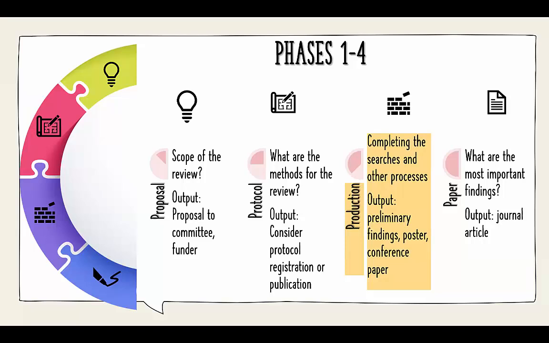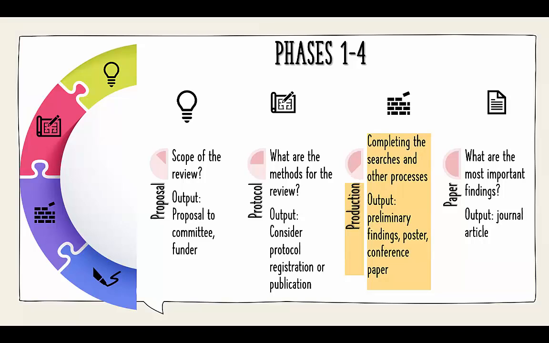And then the next part, our last time, was all about the protocol, and that's where you're answering the question of what are the methods. And a little bit about what we're talking about today. The group you're working with would probably need the first search to be finalized, and that's what we're going to be talking about for today as well.